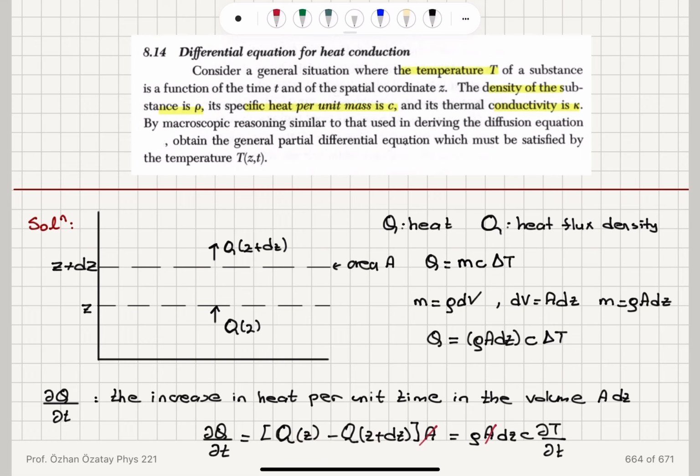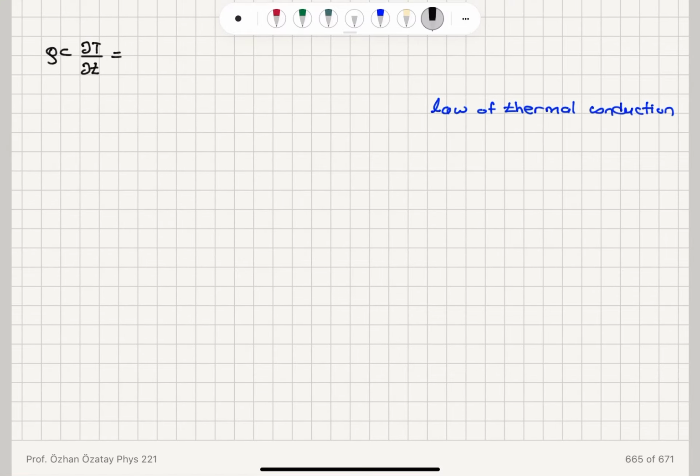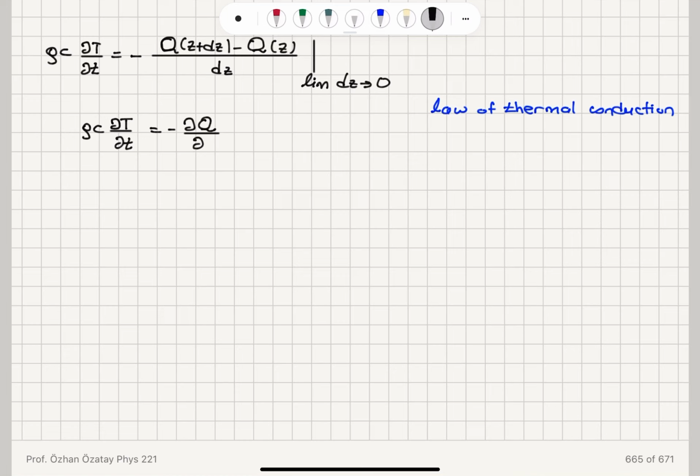So with a minus sign here, I will have the heat flux at z plus dz, leaving, minus the heat flux entering at z, divided by dz, and I will consider this in the limit dz goes to 0, so that this will give me ρ c ∂T/∂t is equal to minus ∂(heat flux)/∂z.